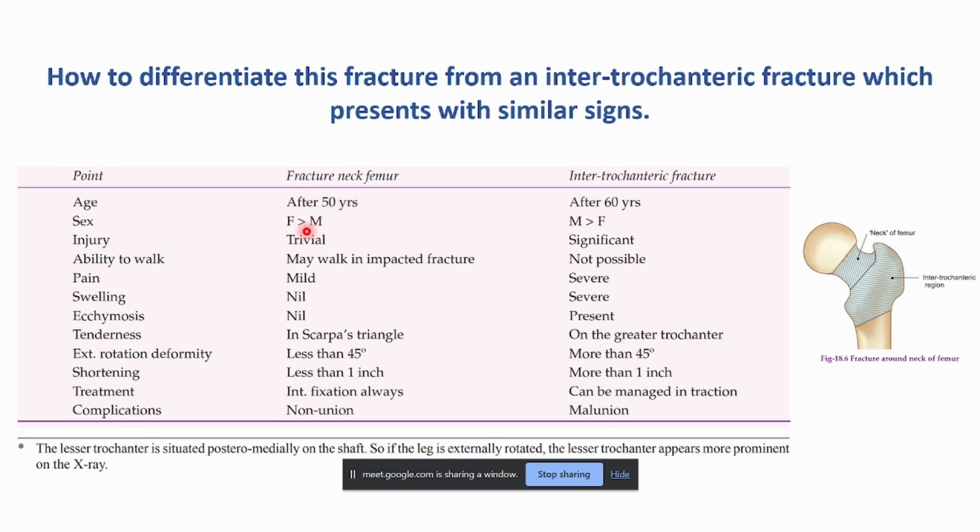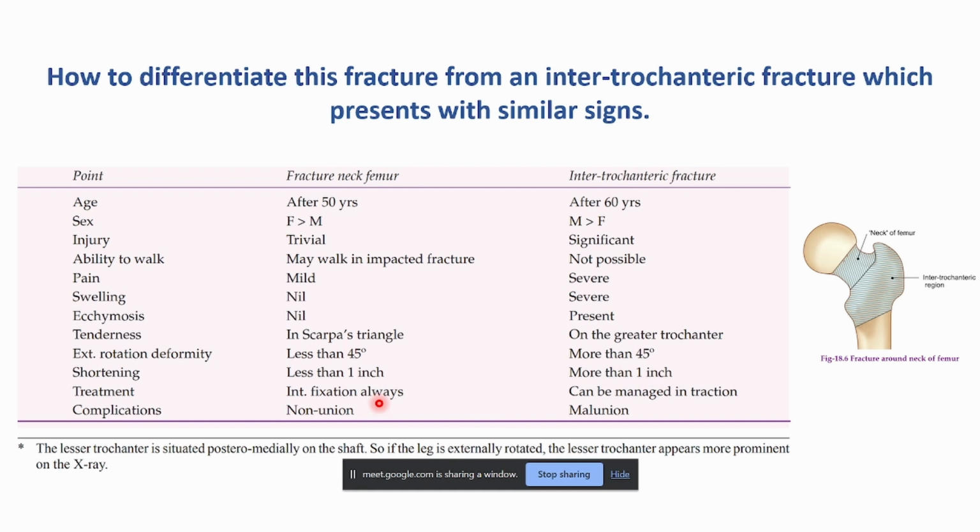The fractured neck of femur most probably occurs in females, and the intertrochanteric fracture occurs mostly in males. The external rotation is less than 45° in the fracture neck of femur. It is more than 45° in the intertrochanteric fracture. The shortening is very slight or less than 1 inch in the fracture neck of femur, and it is more than 1 inch in the intertrochanteric fracture.